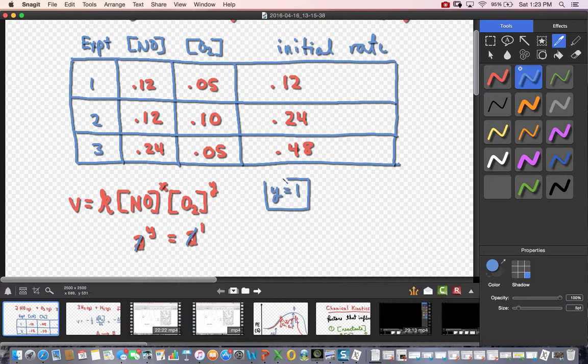I'm going to box that, and we'll come back to that in a moment. Now, let's look where O2 doesn't change between experiment 1 and experiment 3.